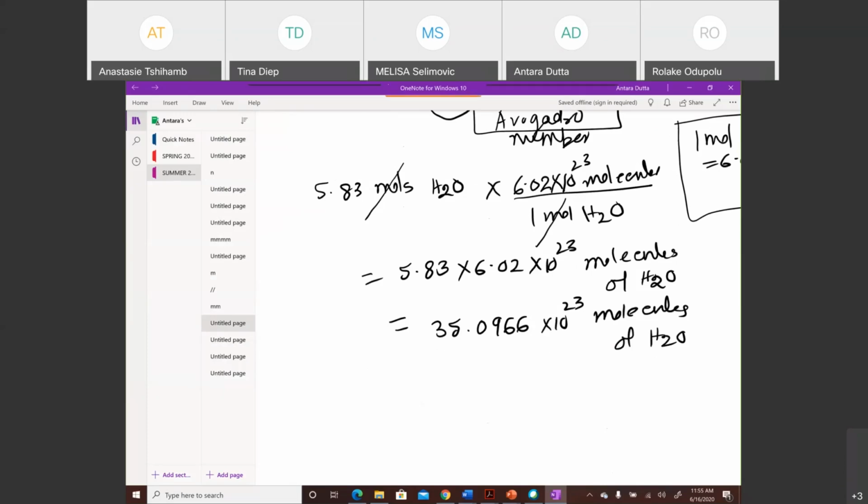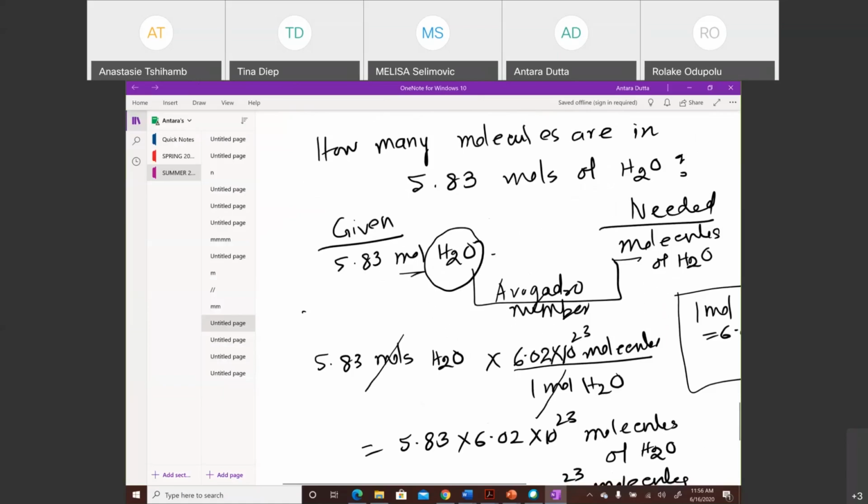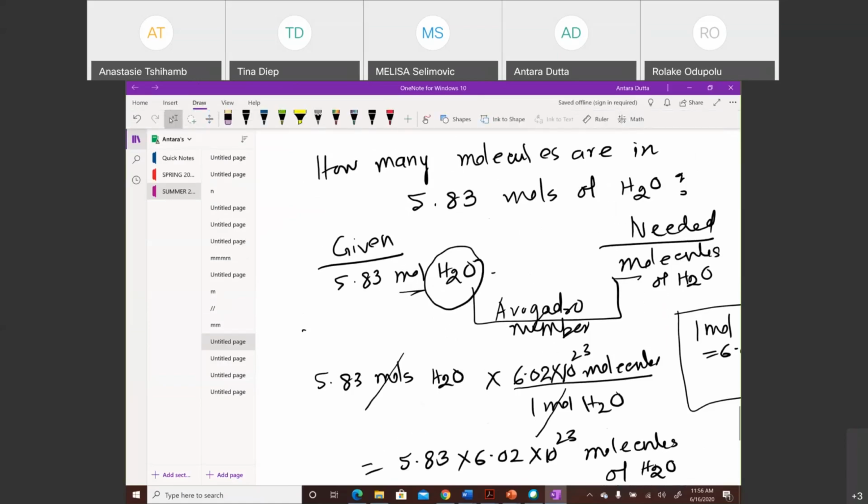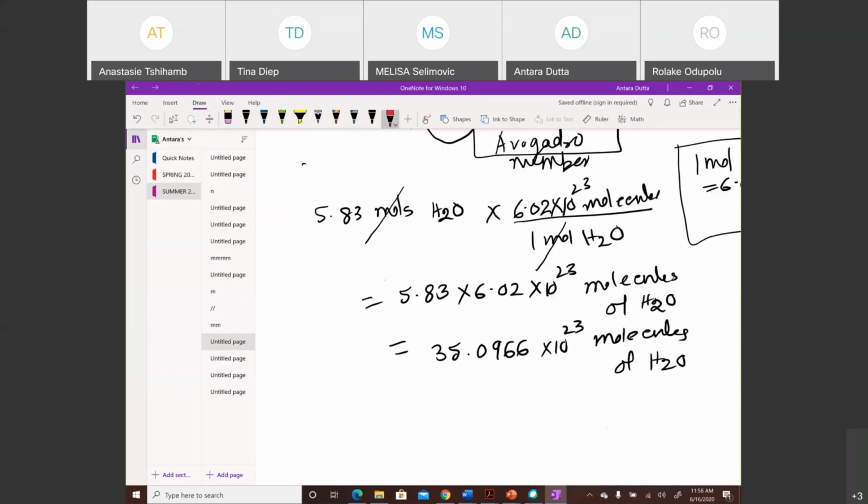Let me show you. See, I separate out the numerical part from the exponential part. I do this calculation separate, this calculation separate, and then I figure out the sig fig.